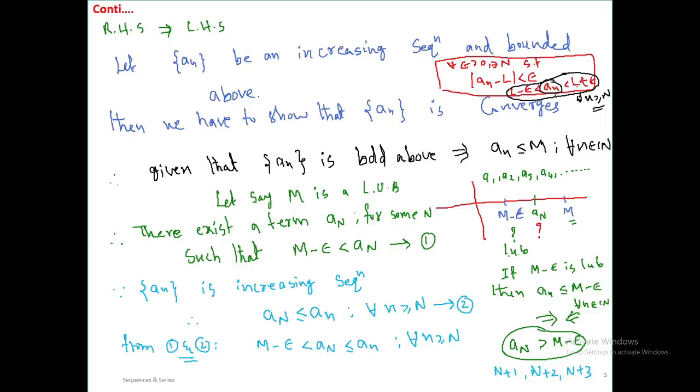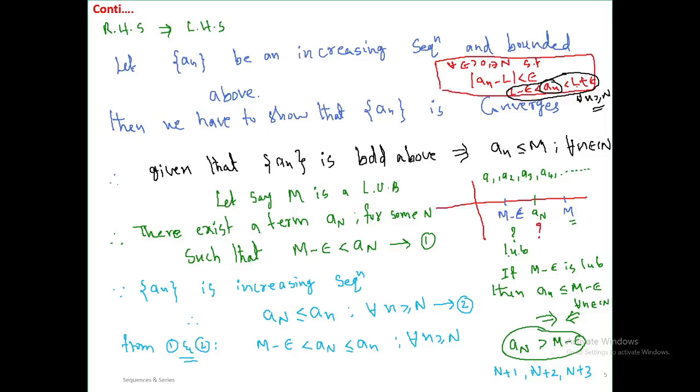Because of that only, I am obtaining the upper and lower bounds. Indirectly an is bounded below by m minus epsilon. The lower bound I obtained already, so I need to worry about the upper bound. The upper bound is obvious, because it is given that an is bounded above, therefore an is less than or equal to m.